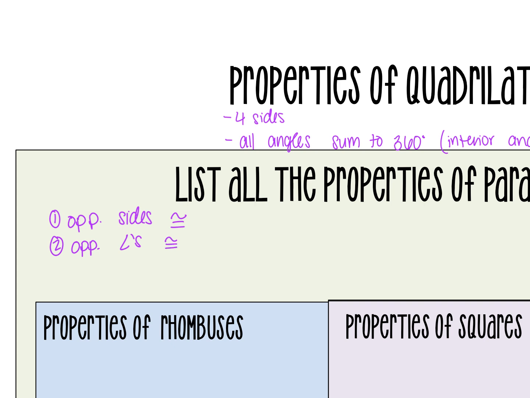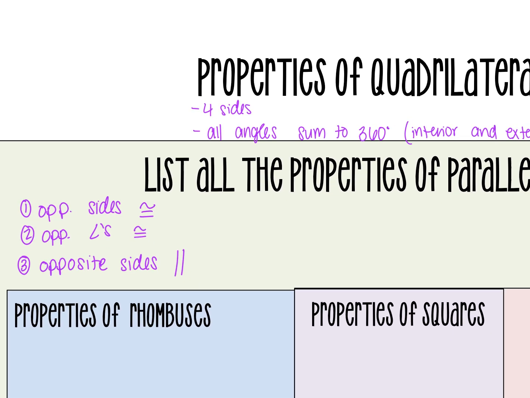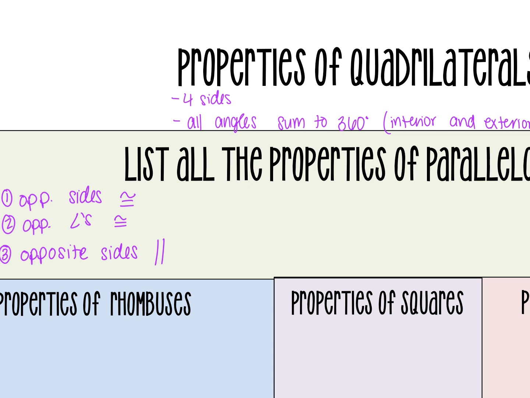Another thing you need to know is that opposite sides are parallel. Okay, please don't forget that. Your opposite sides are parallel. Another thing we have to know about parallelograms is that your diagonals bisect each other.